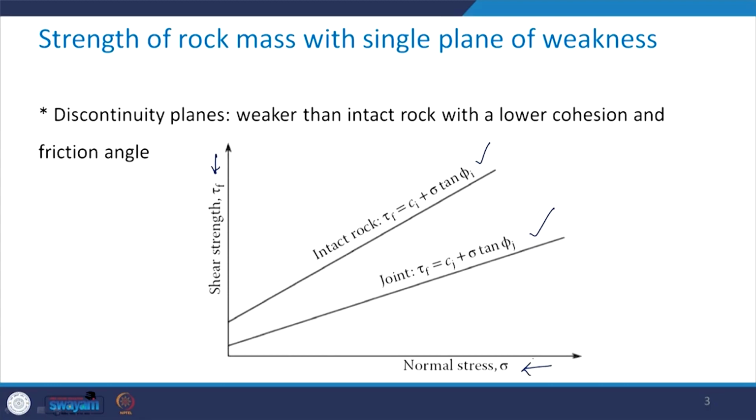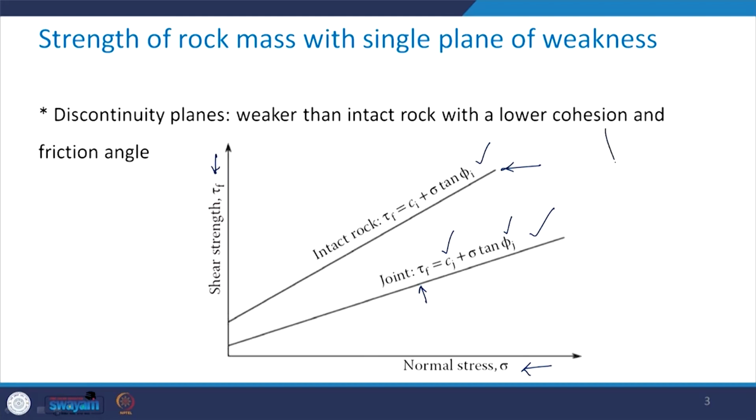I do not need to explain now that obviously intact rock will have much larger strength as compared to that of the joint, and this would result in a lower value of cohesion and friction angle in the case of the joints.